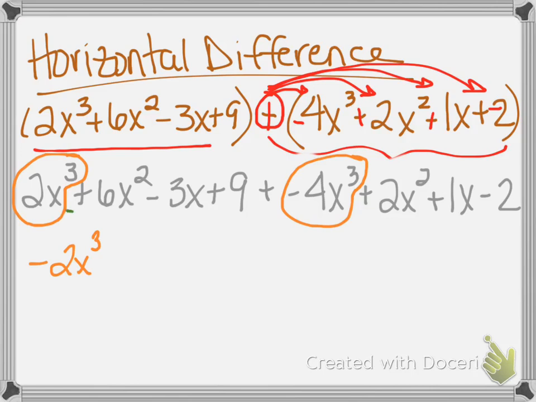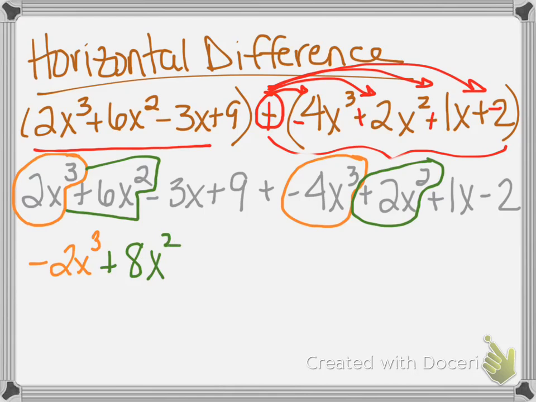I have a positive 6x squared and a positive 2x squared, which gives me positive 8x squared. I have a -3x and a positive 1x, so that gives me a -2x.